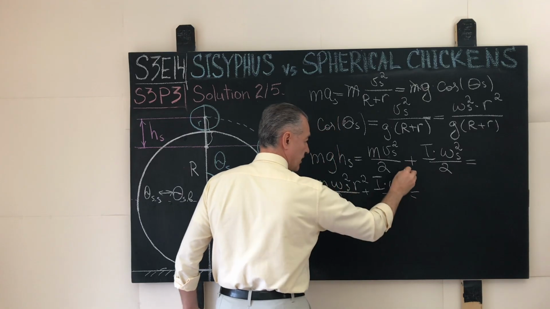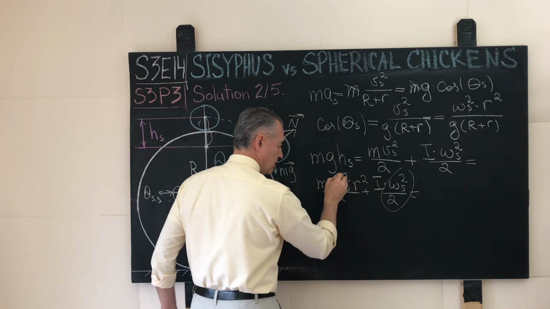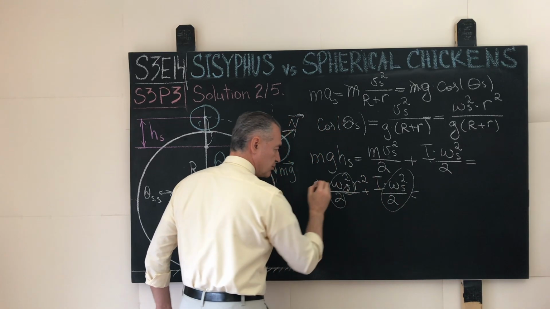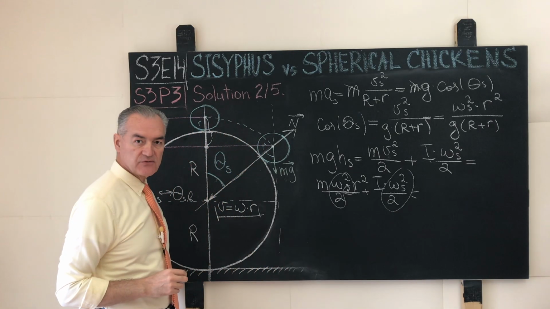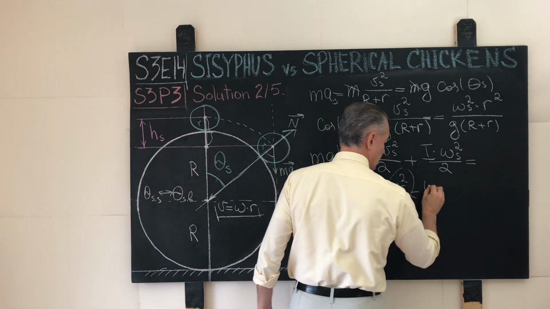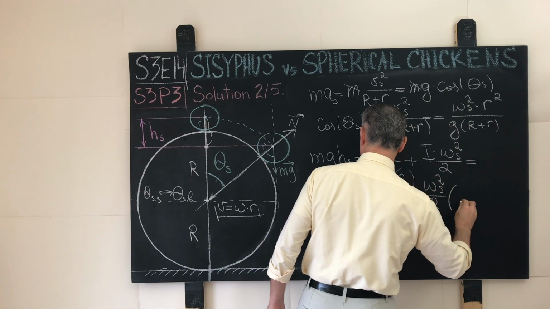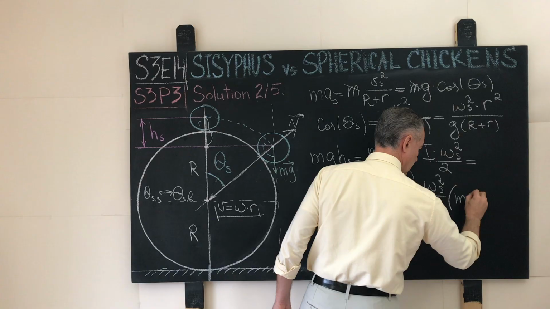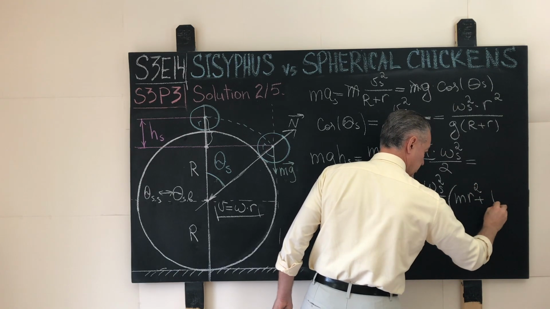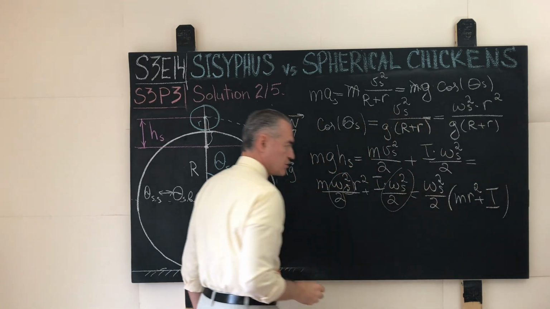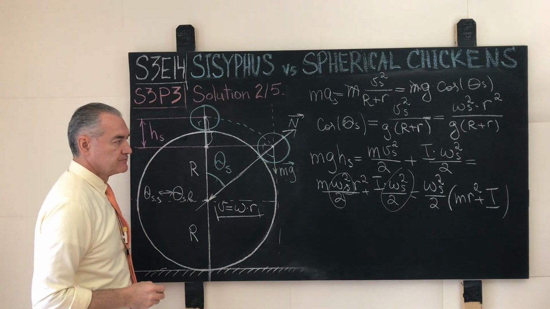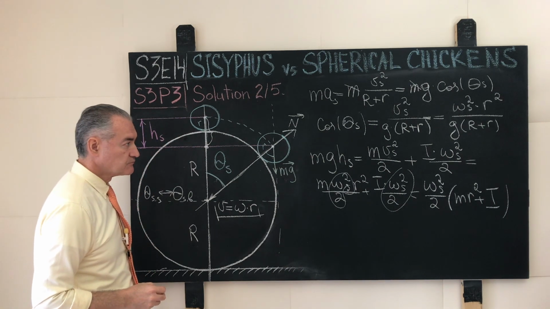And if we factor out this common term, what will we have left? Let's do that. Omega squared s over 2. What will be in the parentheses? m r squared plus the moment of inertia I.